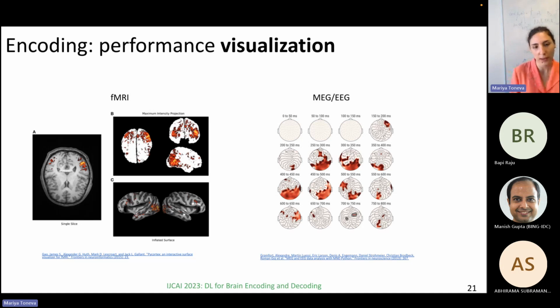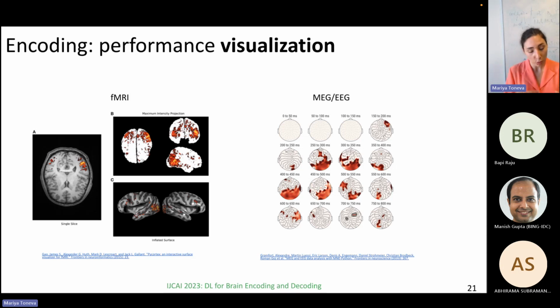And if you have other kinds of data, for example from MEG or EEG, here on the right side, I would really recommend using MNE-Python to visualize these kinds of data that have higher temporal resolution.